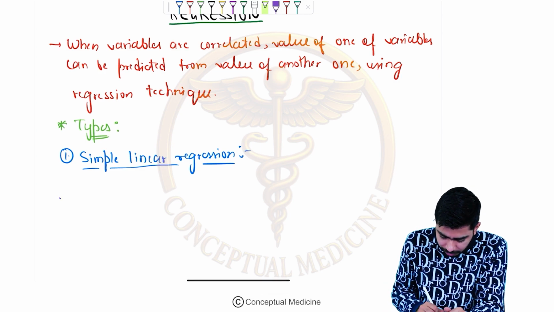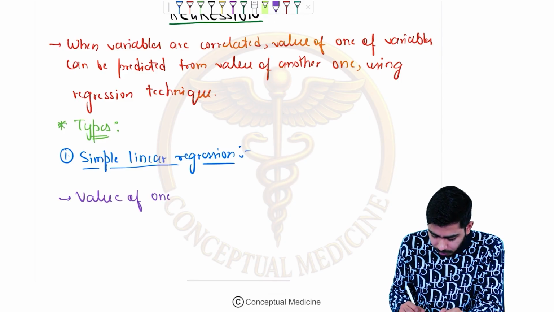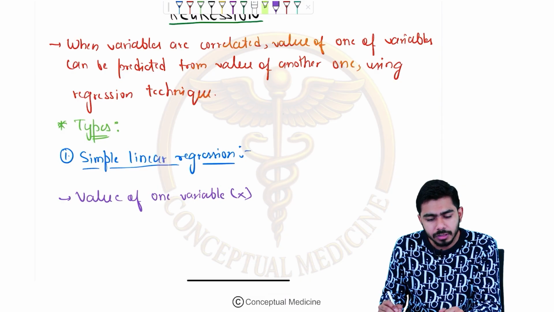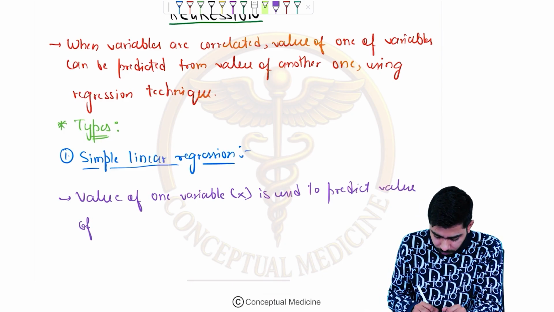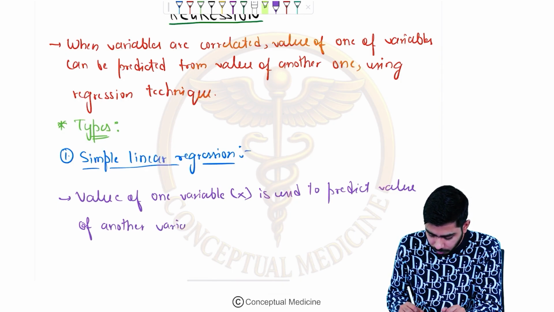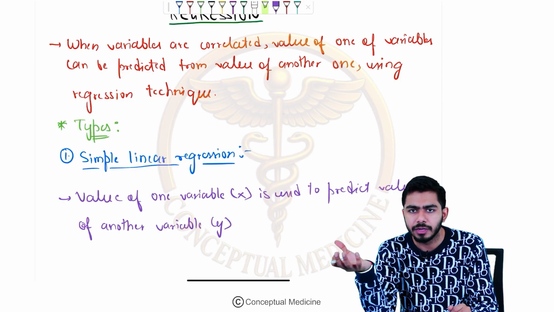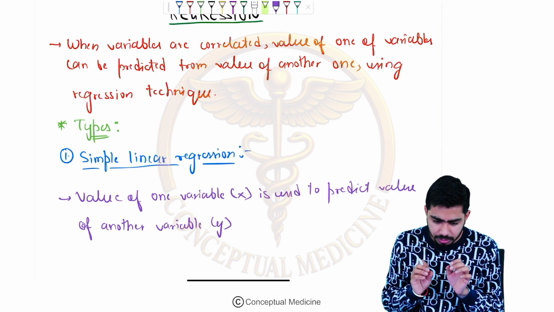So we are saying that the value of one variable, that could be x, is used to predict the value of another variable, and that could be y. So I'll be using the value of x for the prediction of y. That is a simple thing. That's what simple linear regression says over here.